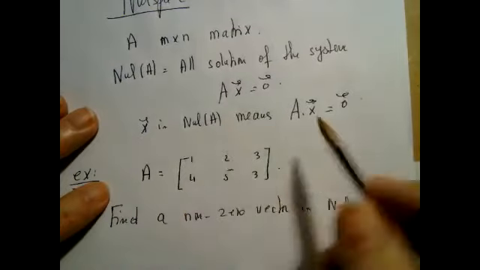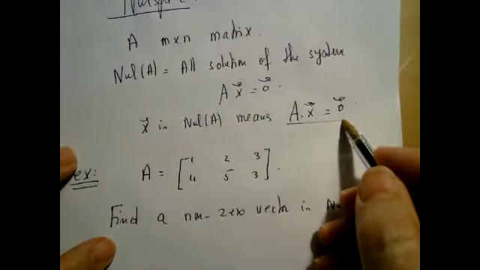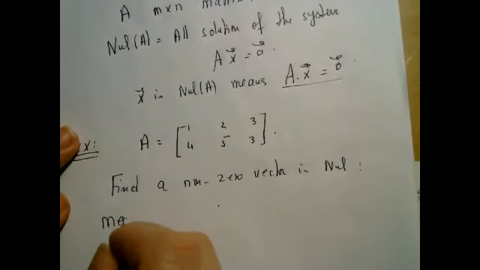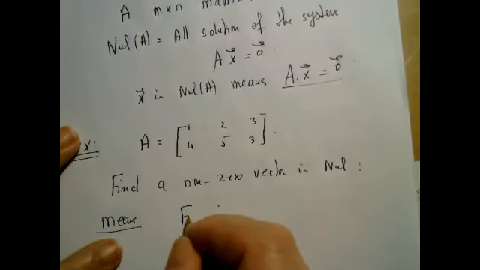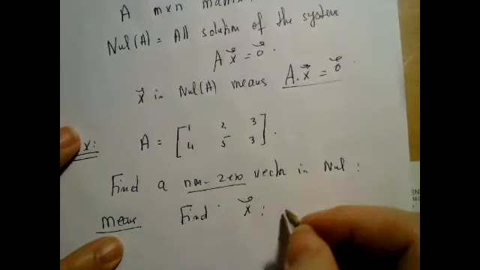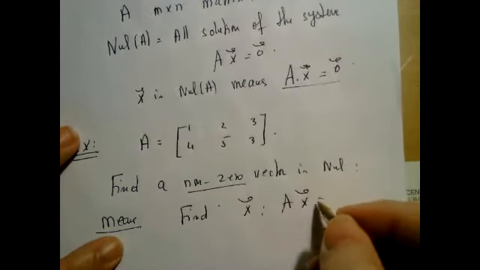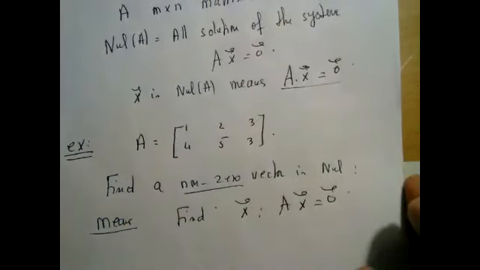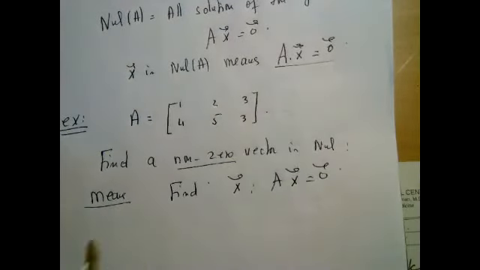X in the null means AX equal to 0. Find a non-zero vector in the null means find a vector X, a non-zero vector, such that AX equal to 0. So finding a vector in the null basically means solving the system AX equal to 0, because the null are all the solutions. The system has a lot of solutions. The null is all the possible solutions.